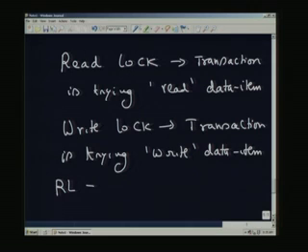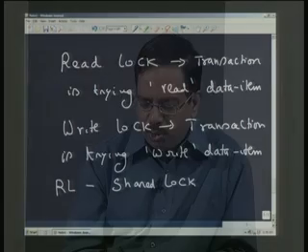An RL shows that the transaction only wants to read the data item, and this is also called a shared lock, because it is possible that a number of transactions can start reading the item at the same time. It is shared.